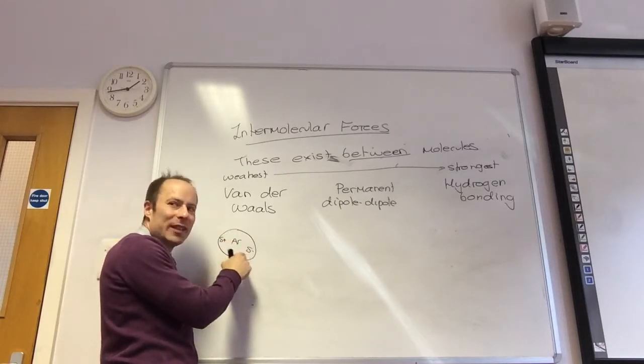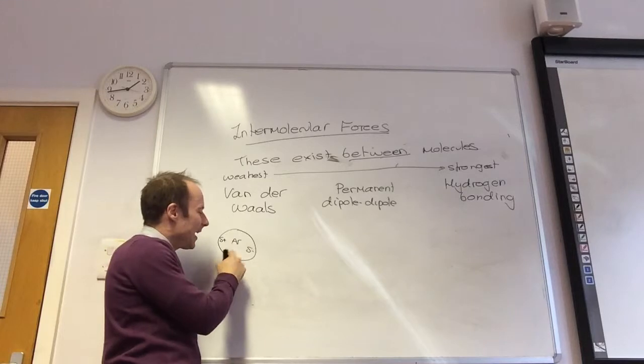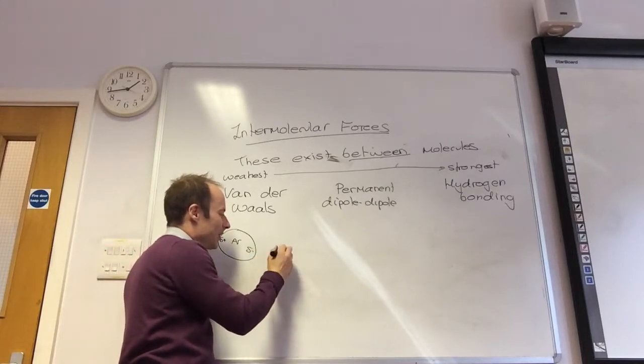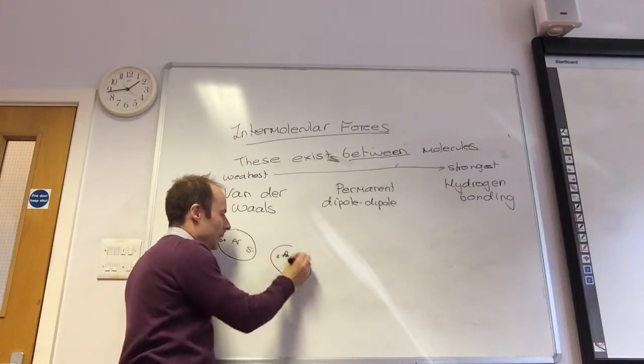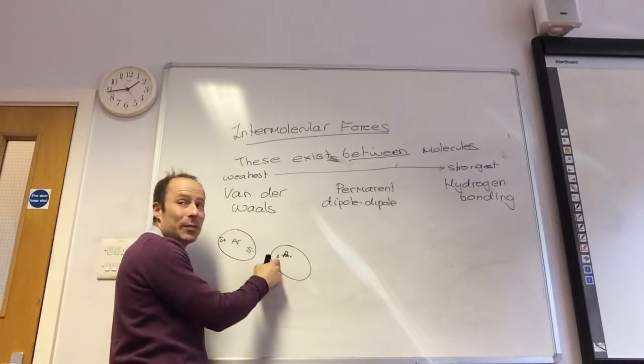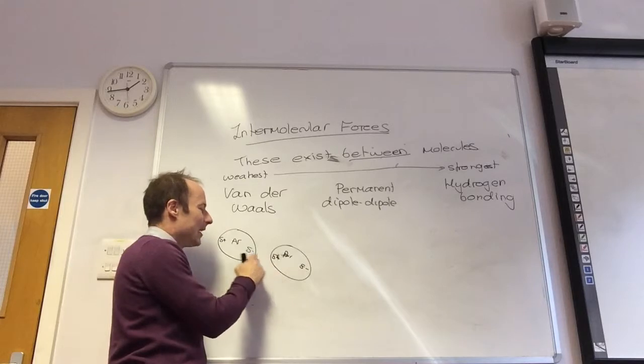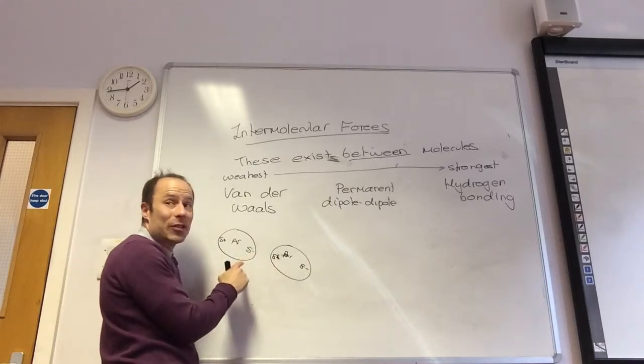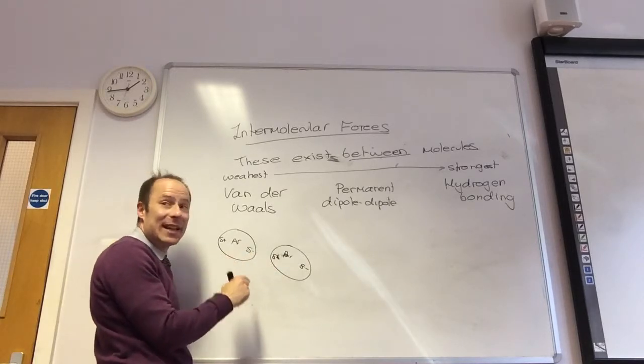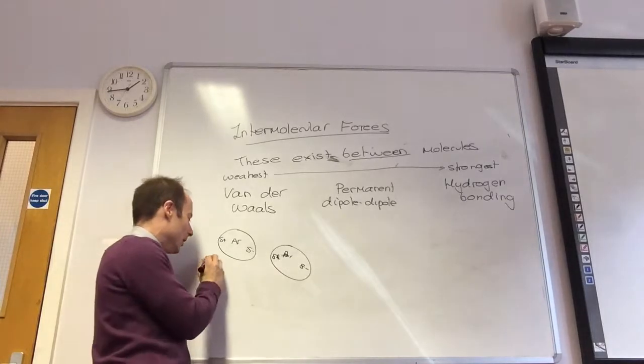The electrons are more on this side than this side. If that happens, if I've got an argon next to him, that induces a dipole into him, like so. And that gives me a very, very weak attraction, because it's due to instantaneous dipole-dipole attraction.